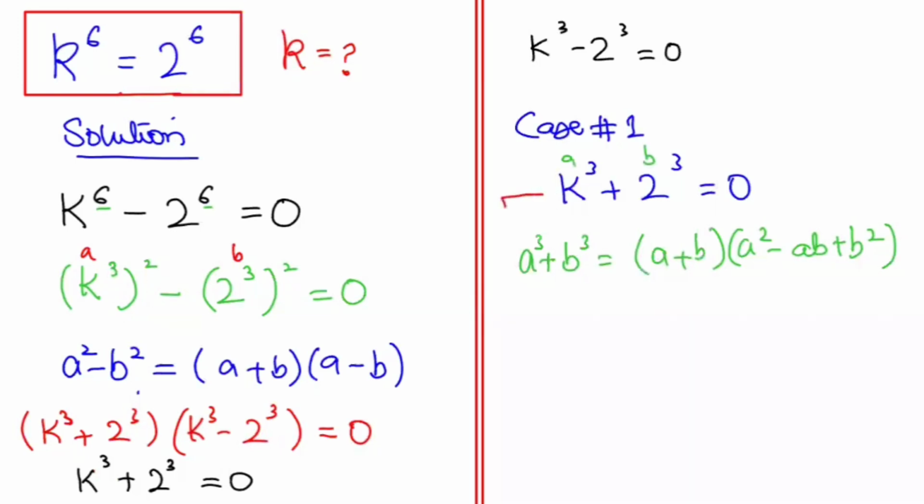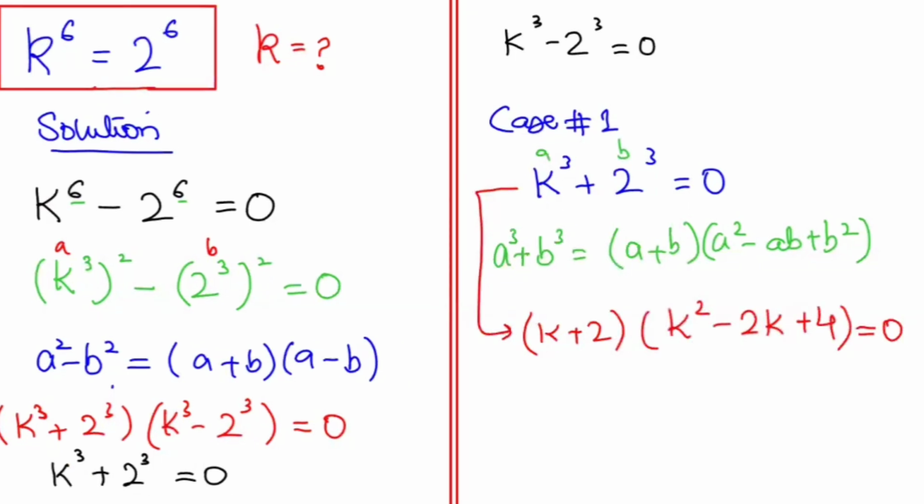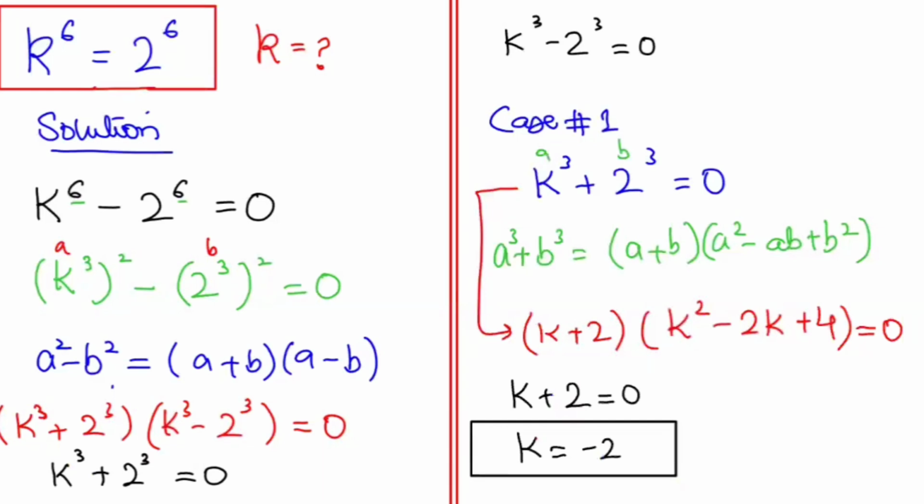Therefore, this equation turns to (k plus 2)(k squared minus 2k plus 4) is equal to 0. Now again we get two solutions from this case 1. So k plus 2 is equal to 0, and here k is equal to negative 2. So this is our first k1 value.